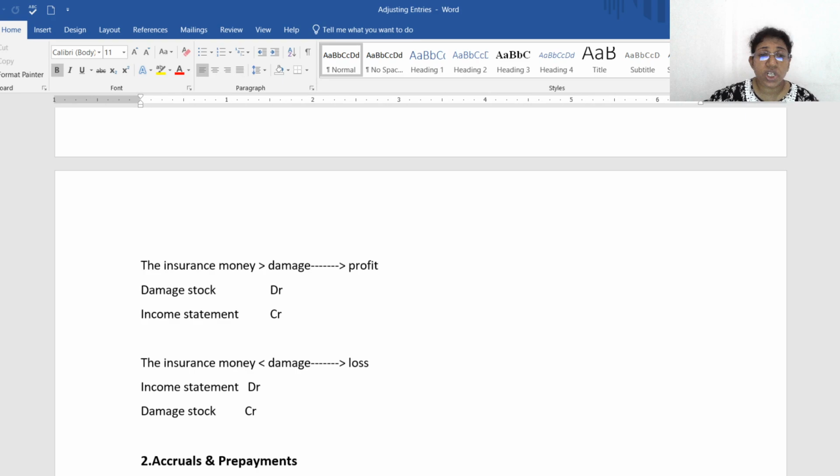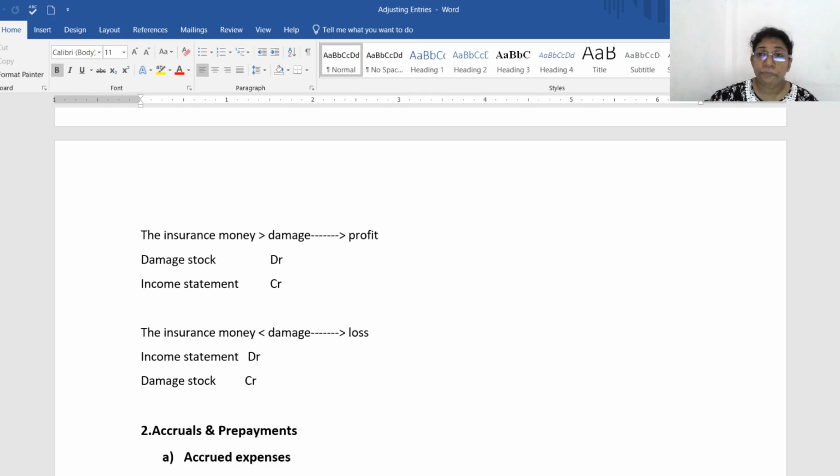When the insurance company pays more than what we have incurred as a damage, then there is a profit for us. So we are going to debit the damaged stock and credit that value to the income statement in the other income. But if the insurance company pays less, what will happen? We are going to debit the income statement as an expense, and we are going to credit the damaged stock.